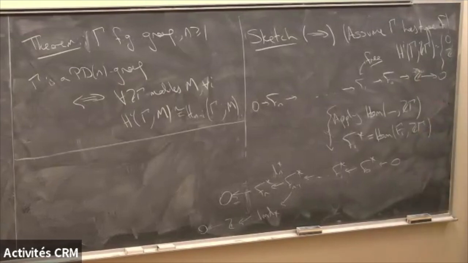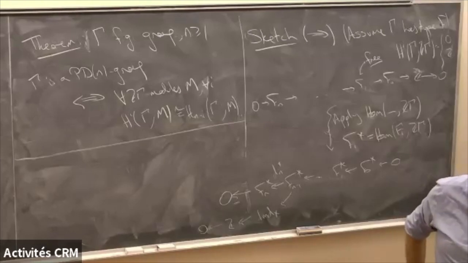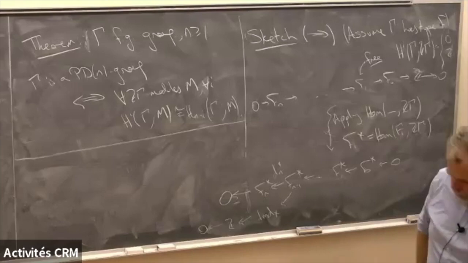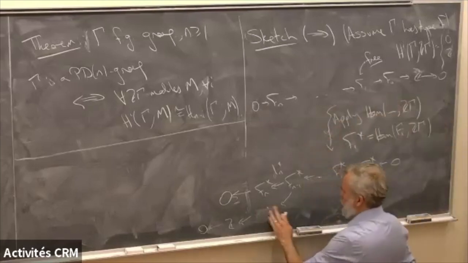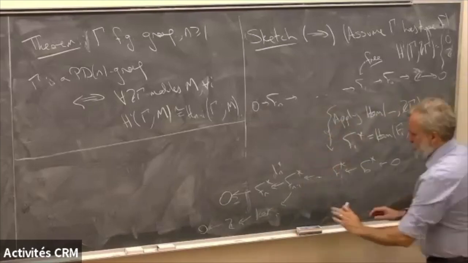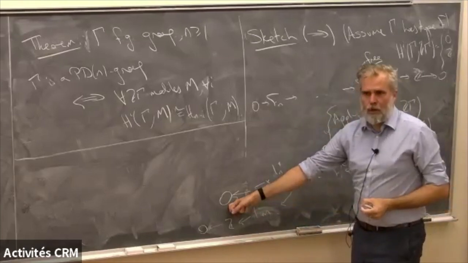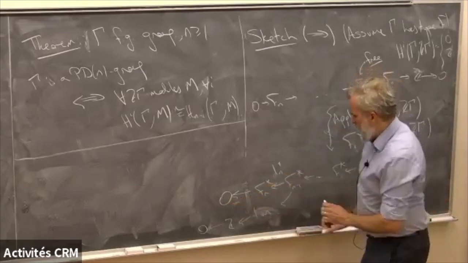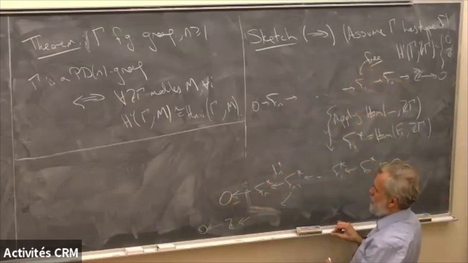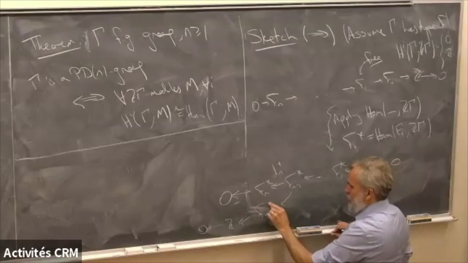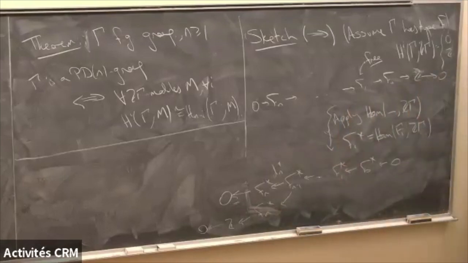Sorry, doing homological algebra on the board is not my forte. Maybe I should have written the kernel here. No, I think I was supposed to write the image. The kernel of this is everything. The kernel mod the image is Z. So I'm supposed to map to F_n star. Okay. And then I factor it.